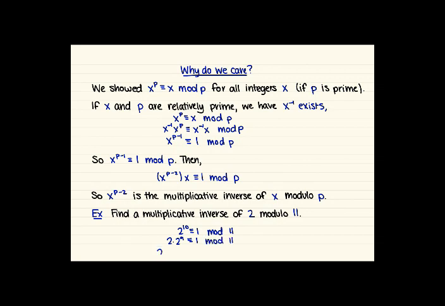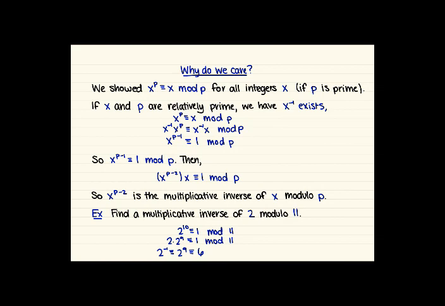So 2 inverse is 2 to the 9th, and working out what that is, we get 6. And then you can double check that 2 times 6, that's 12, which is congruent to 1 mod 11, so that is, in fact, a multiplicative inverse. So this can give you a way to find multiplicative inverses just by taking powers rather than doing a bunch of different multiplications. So this can be handy for that.